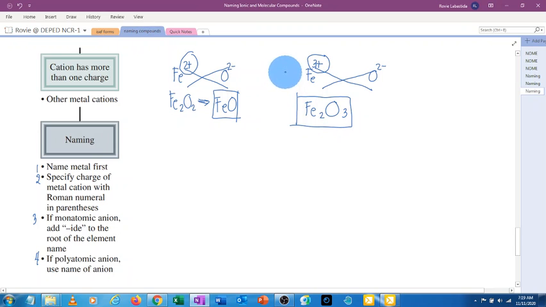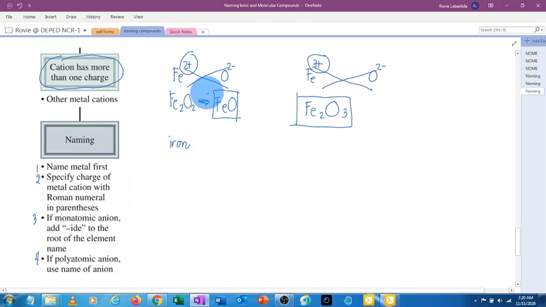So therefore, if that is the case, that means the cation has more than one possible charge. So we will follow these rules in naming these compounds. So let's name the metal first for this compound, iron. Specify the charge of the metal cation.